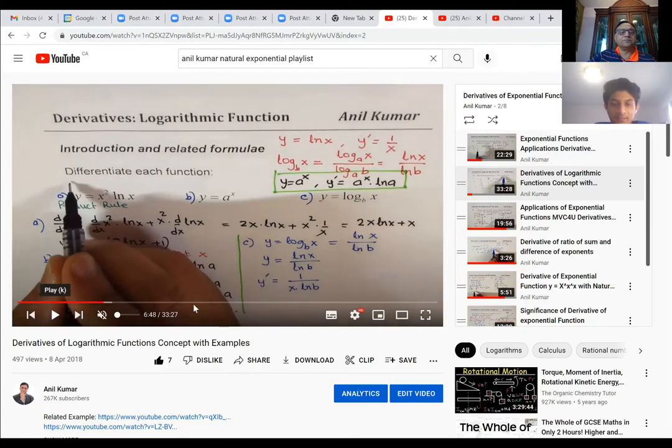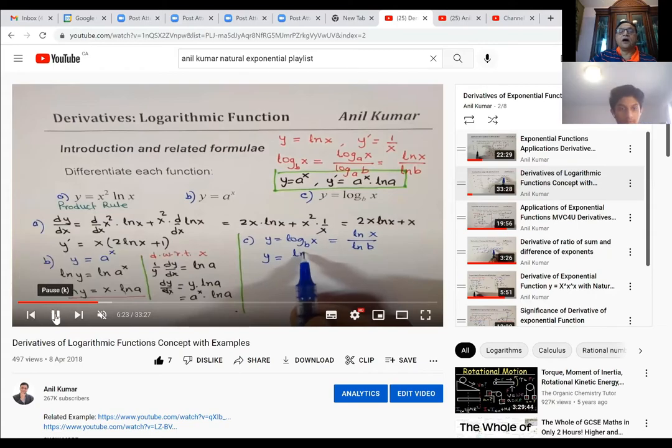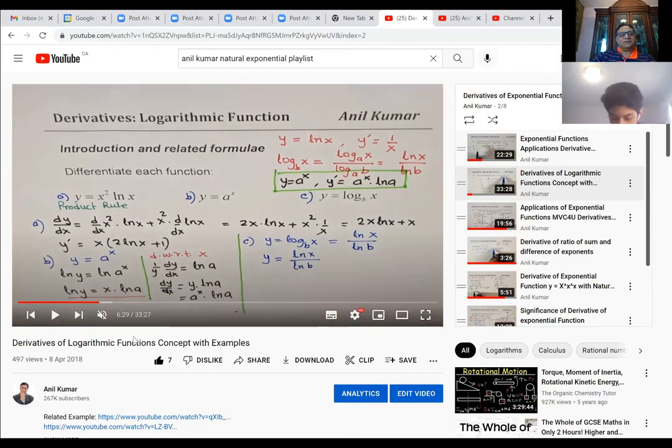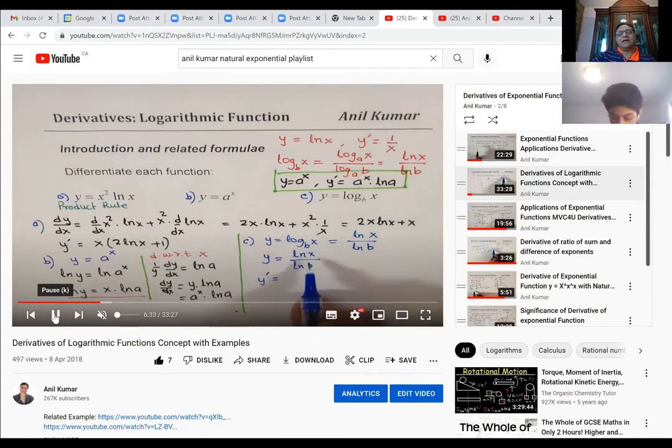So first thing, I would like you to copy these formulas from this particular page, clearly understanding how we derive them. Only then will you remember them for a longer period of time. Otherwise, you can just remember but not retain them.